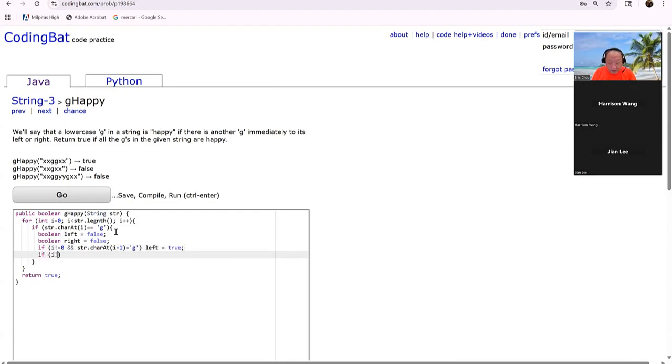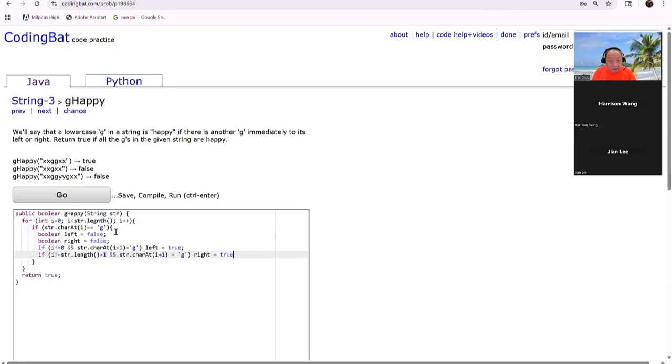If i not equals str length minus 1, you are not the last one, and str dot character at i plus 1 is a G, then your right side is happy.